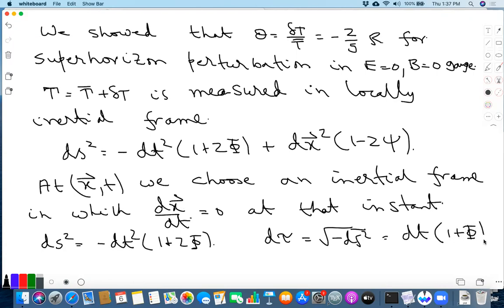I want only first order, so the square root of (1 plus 2 phi) I'm writing as 1 plus phi. The temperature that we measured is in this time tau, the proper time. So the observer in an inertial frame with dx/dt equal to 0 has proper time tau, and that's the observer who is measuring this temperature T bar plus delta T.